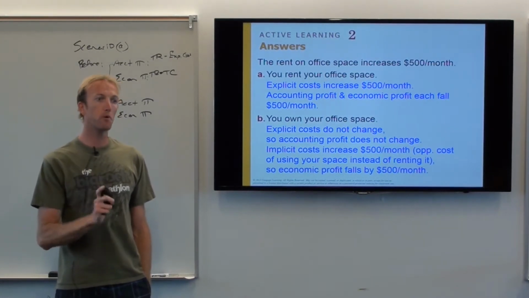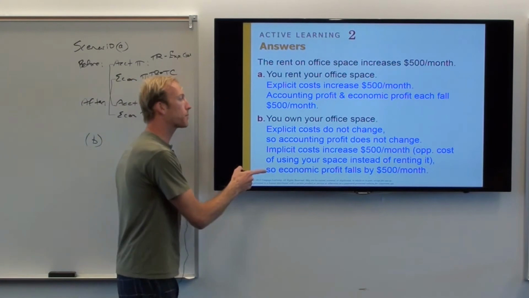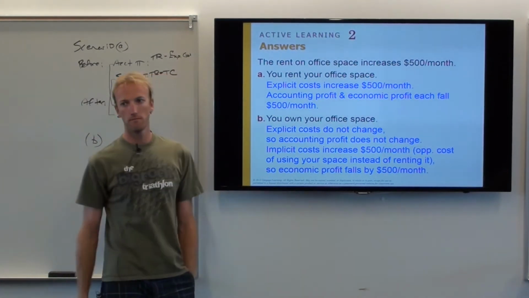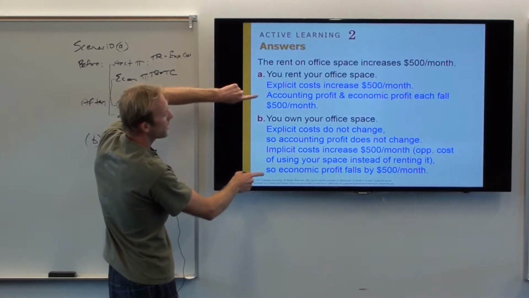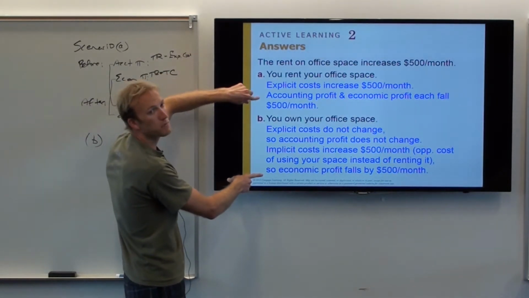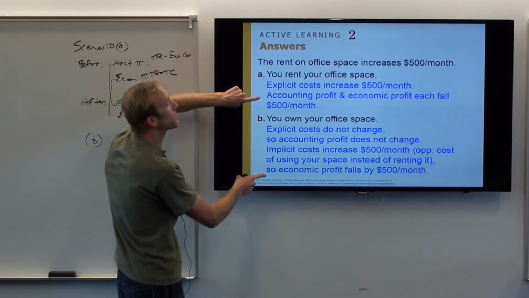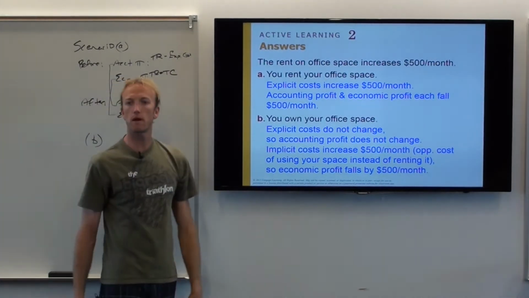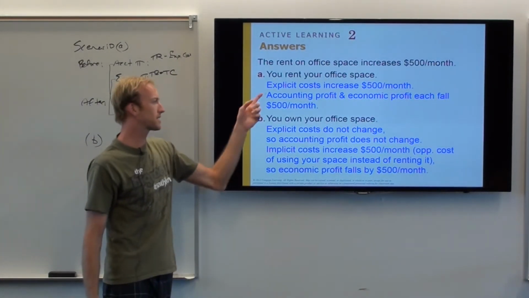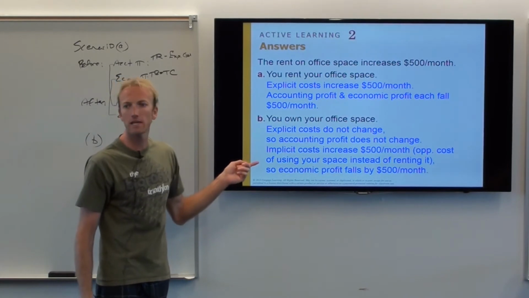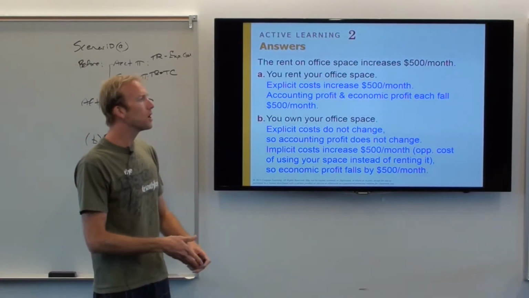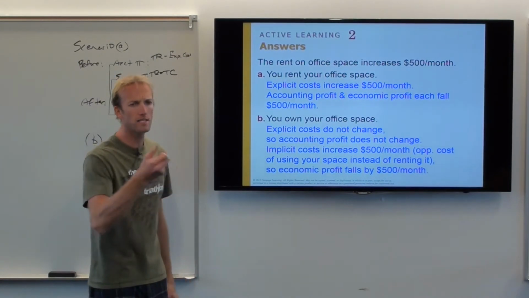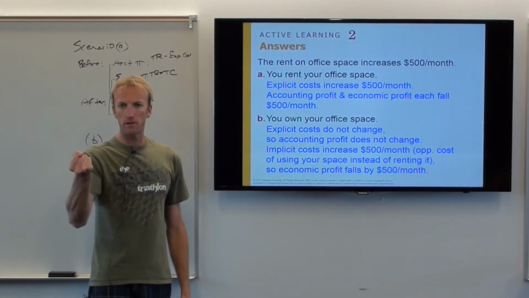And this is why it's important to think in terms of economic profit, not accounting profit. Okay? Economic profit, you see, in either situation, whether you rent or whether you own, it doesn't matter. Economic profit always goes down $500 a month, right? Accounting profit has this weird thing where it's going down here and it's not going down here, right? But how can that be? That doesn't make sense. I mean, we're asking for the cost of the output, the product, right?